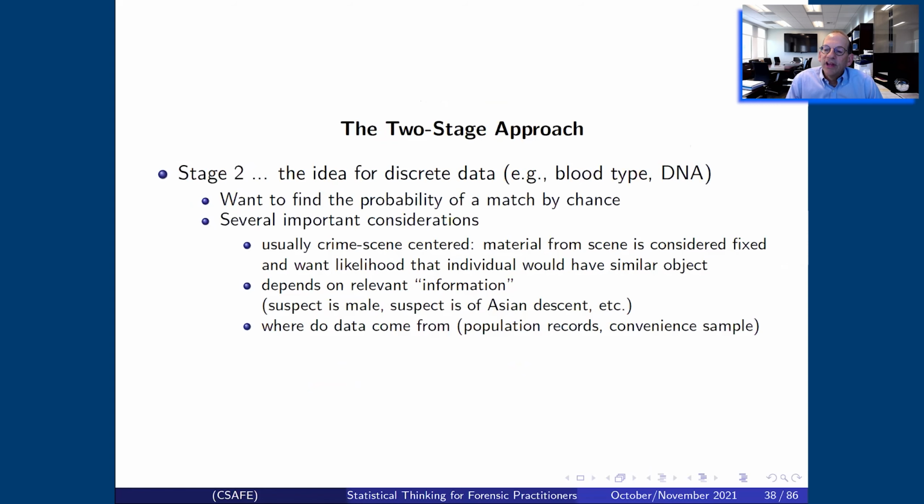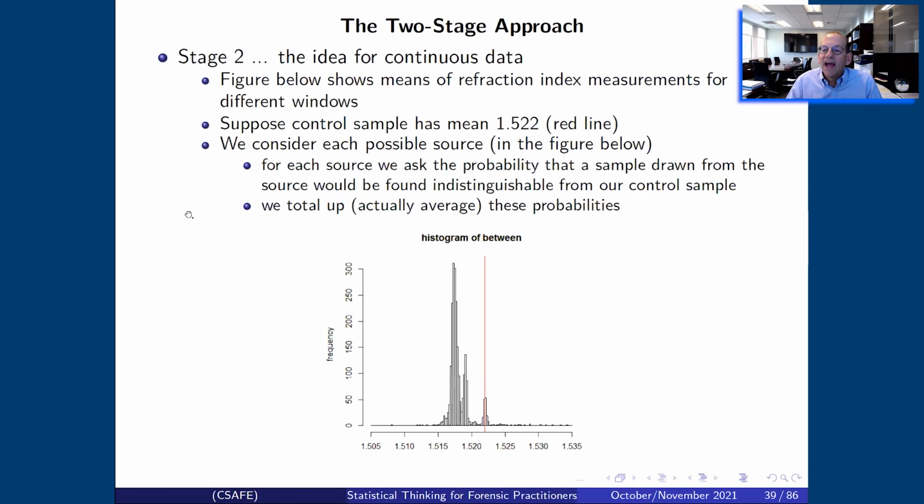In some scenarios, stage 2 is relatively straightforward. Blood type, DNA, paternity suits, those kinds of things. What we usually say is the putative father matches, and we can tell you how likely it is that they match by chance. So those kinds of probabilities, in those settings it has been done.